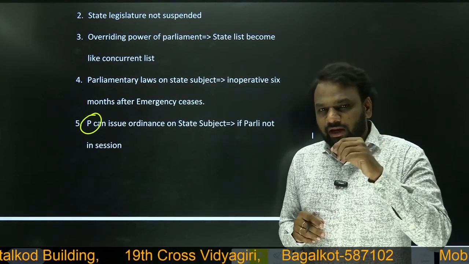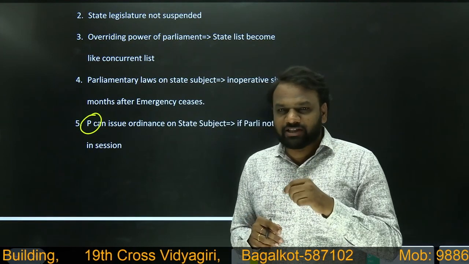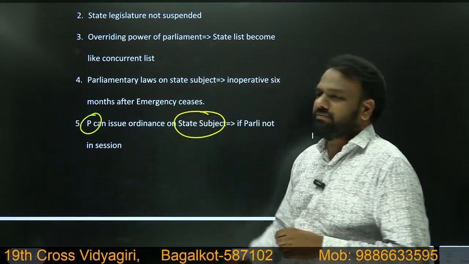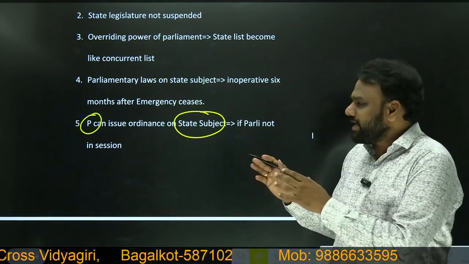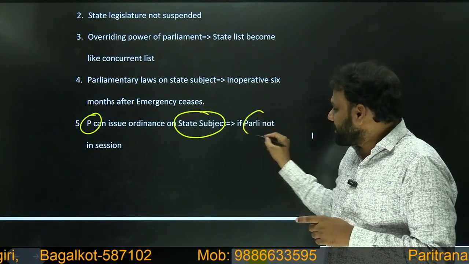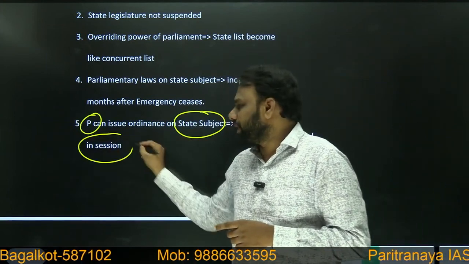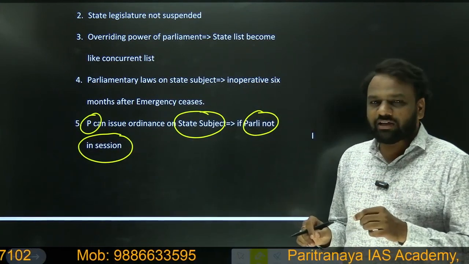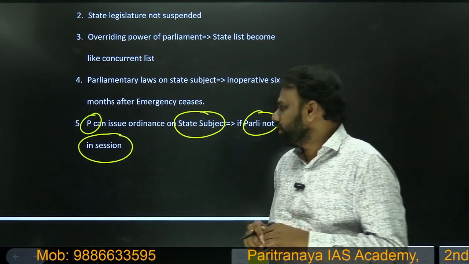But here during national emergency, the President can issue ordinance even on state subjects as well. It means he can issue an ordinance on the subject of health, provided that Parliament is not in session. Only when Parliament is in recess can the President issue ordinance. Otherwise, he cannot issue ordinance.